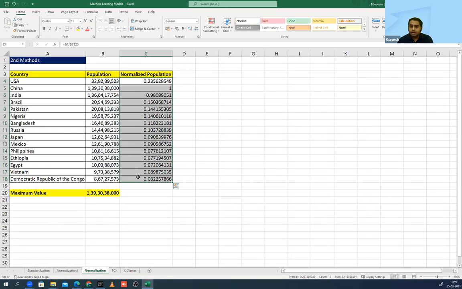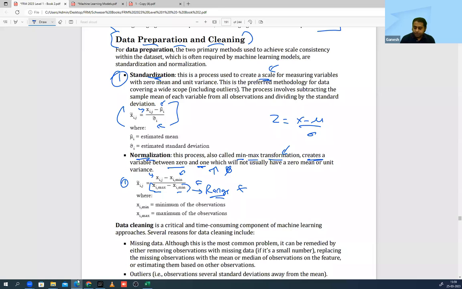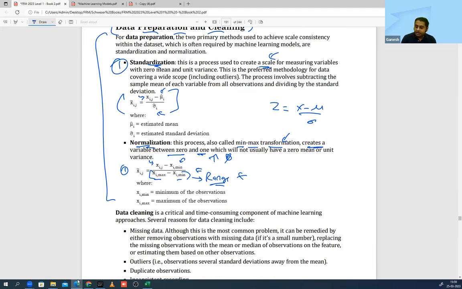Clear hai? Okay. I'm taking you towards the book. One second. I'm asking you guys to read this entire part, and let me know if there is any confusion.